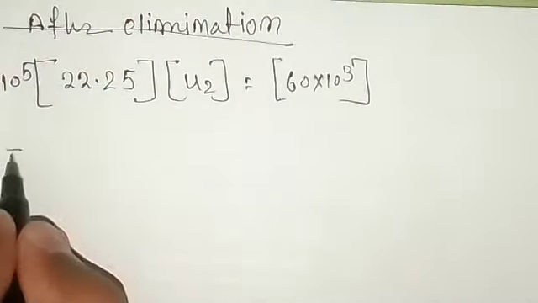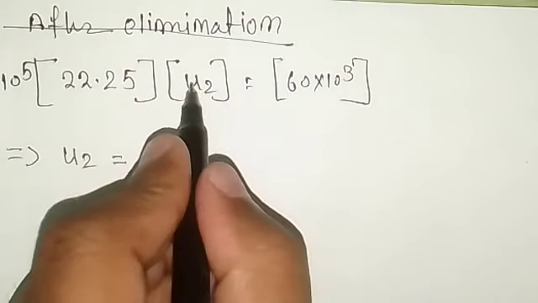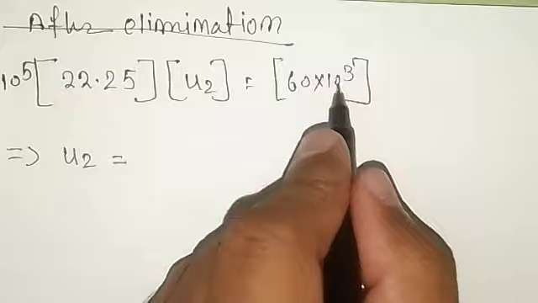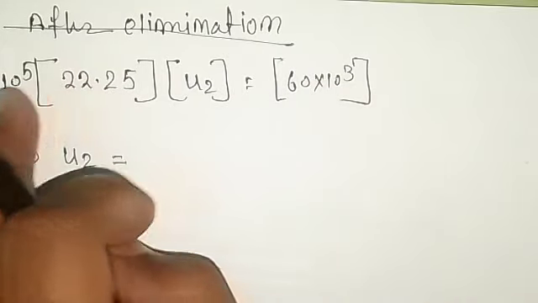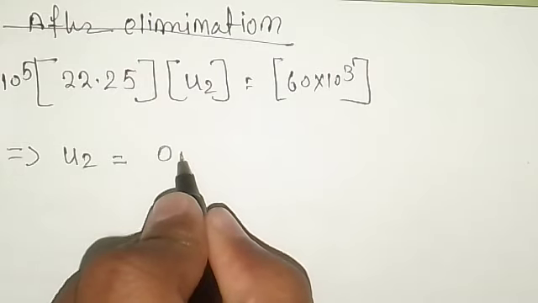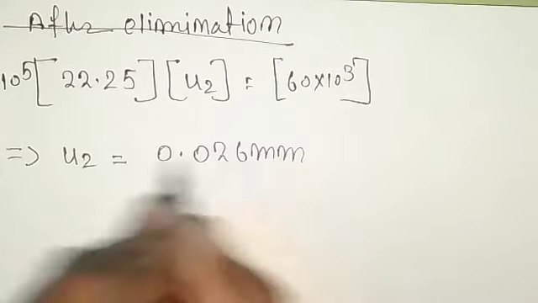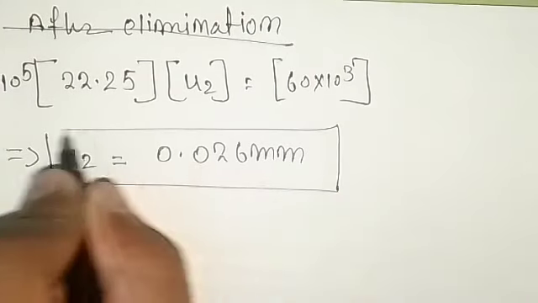So here on simplification, u2 is equal to what? 60 into 10 to the power 3 by 22.25 into 10 to the power of 5. So it will be 0.026 millimeter. Right?